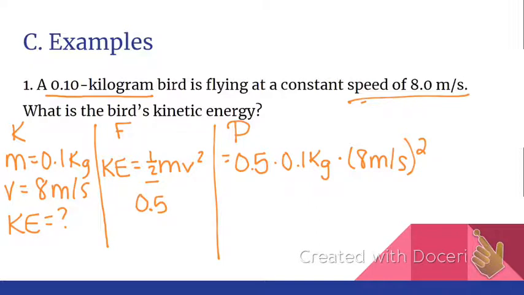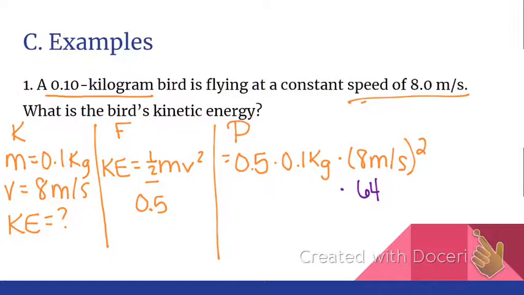If you think about PEMDAS and work back in your order of operations with math, the very first thing that you're going to want to simplify before you do anything else is that exponent. So 8 squared is 64. Right now I'm not going to worry about units because there's going to be a few different things going on, so I'm just going to worry about the values. I can go ahead and simplify by taking 0.5 times 0.1.